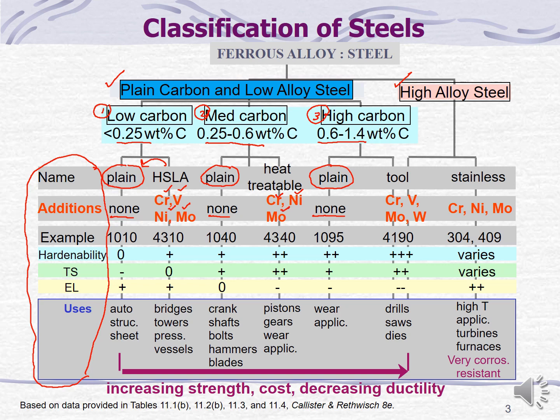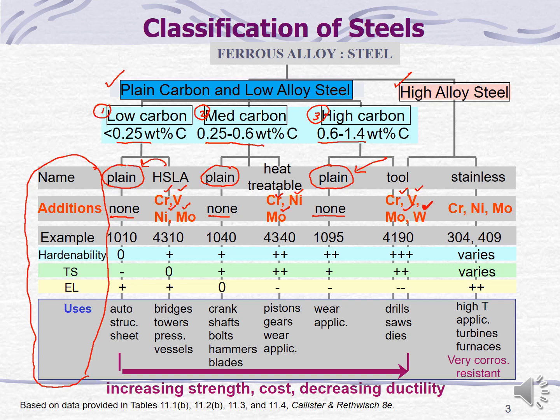For the high carbon steel, for the tool steel, the alloy elements are chromium, vanadium, molybdenum, and tungsten. Why tungsten? For the tool, we need to have a very high hardness. So that's why the tungsten has been added to the high carbon steel group.